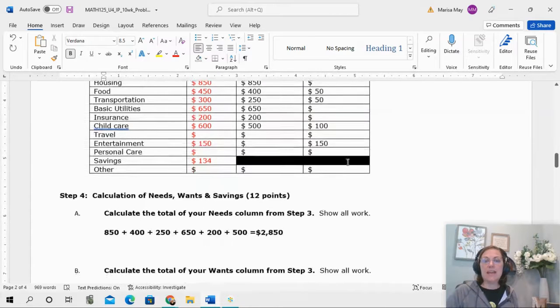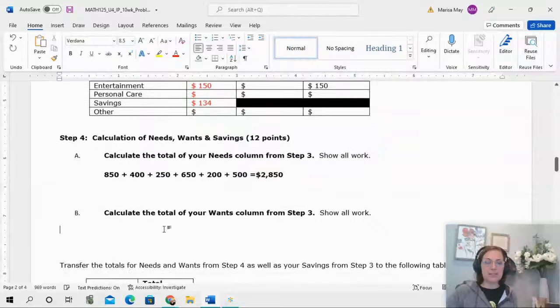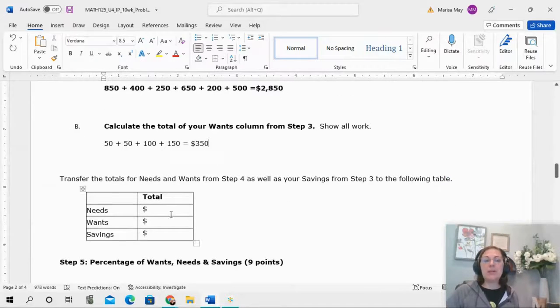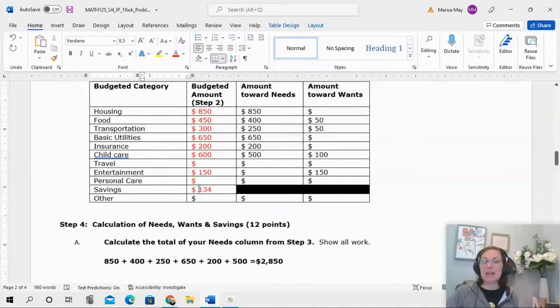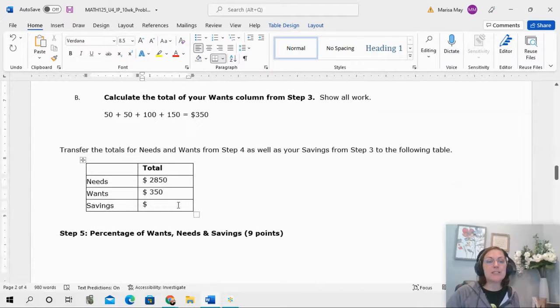And then we'll go ahead and add up the wants. And that gives me 350. So when we go, we can put these values in our chart, 2,850 needs, our wants are 350. Now our savings were not included in needs and wants. So you'll remember I had $134 in savings and I'll put that in my chart.